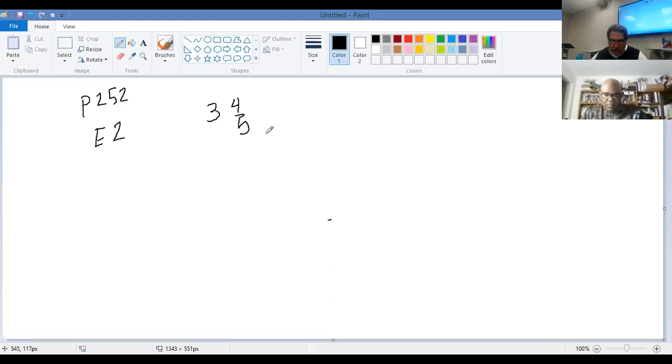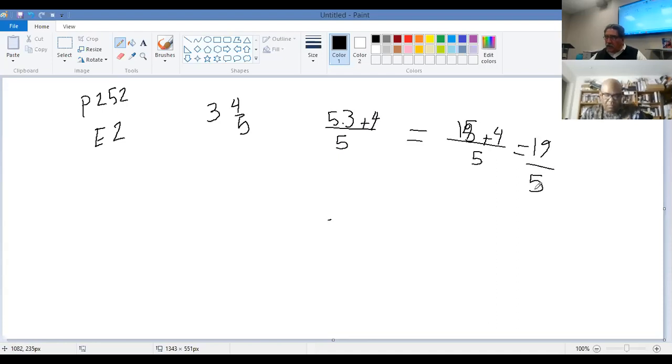What you do is this. You take 5, multiply it by 3, add it to 4. The denominator stays the same, so it would be 5 times 3 plus 4. 5 times 3 is what? 19. I mean 15. Plus 4 becomes 19. And the 5 is still the same. So the final answer is 19/5.